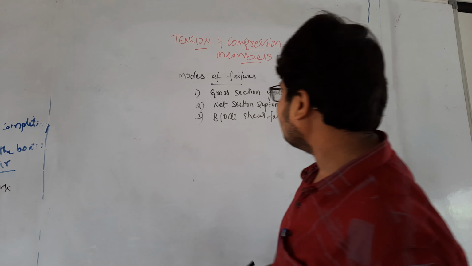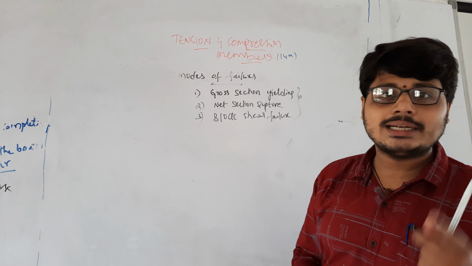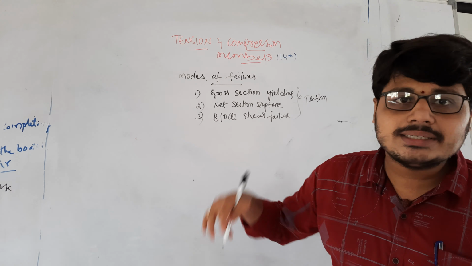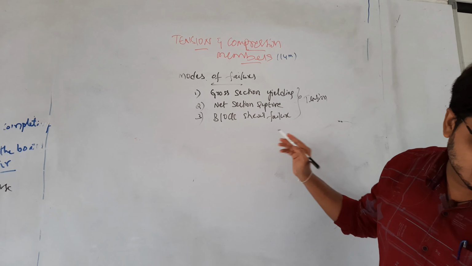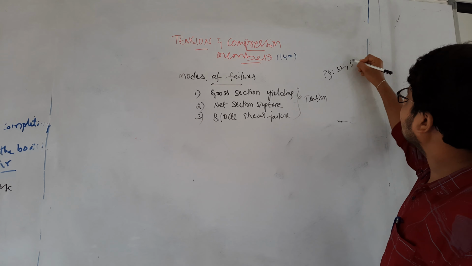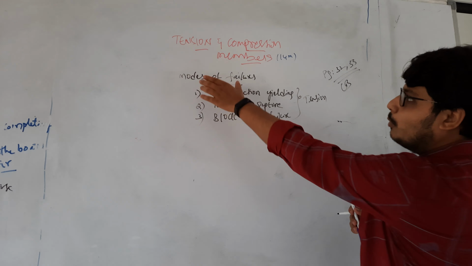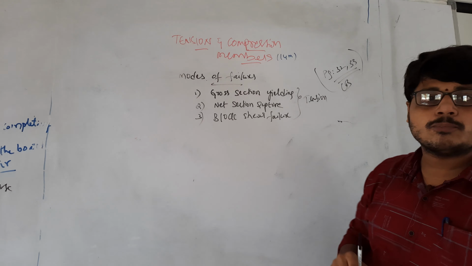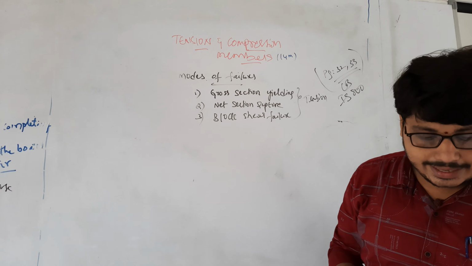These three are the basic modes of failure in tension members. The formulas to determine the modes of failure for tension members are on page numbers 32 and 33 in the code book of IS-800.